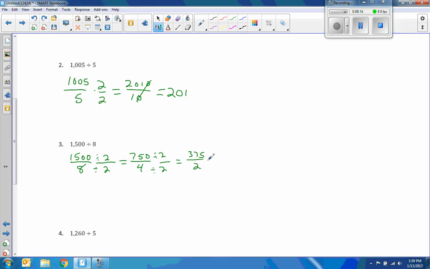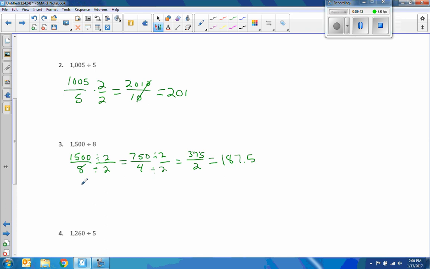And then one more time, 2 goes into 3 once, the remainder of 1. 2 goes into 17 8 times. 8 times 2 is 16, the remainder of 1. And 2 goes into 15 7 times, the remainder of 1. So 2 goes into 10 5 times. So 187.5. So this really wasn't mental math, it's just dividing by 2 multiple times.